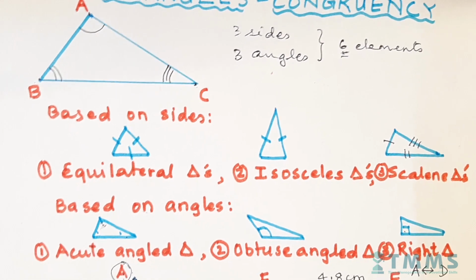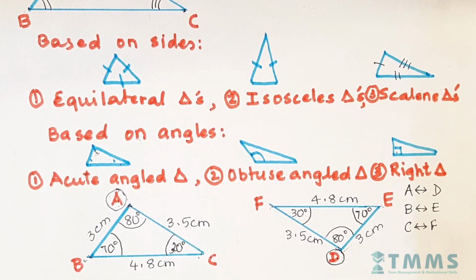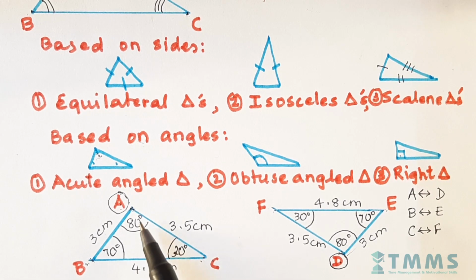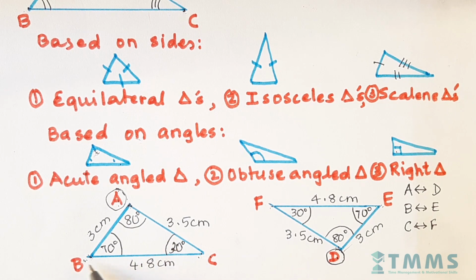Now let us see the congruency part. I have drawn here two triangles. As you can see, ABC triangle has A 80 degrees, B 70 degrees, and C the measure is 30 degrees. And I have written over here the measures of the sides. 3 centimeters is AB, BC is 4.8 centimeter, and AC is 3.5 centimeter.